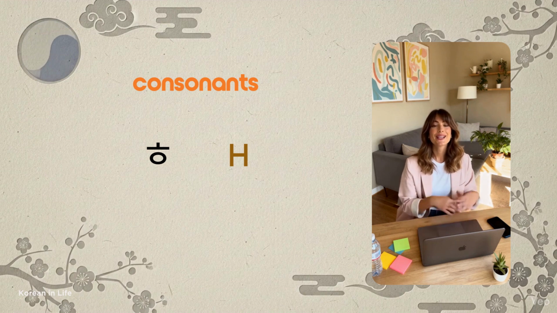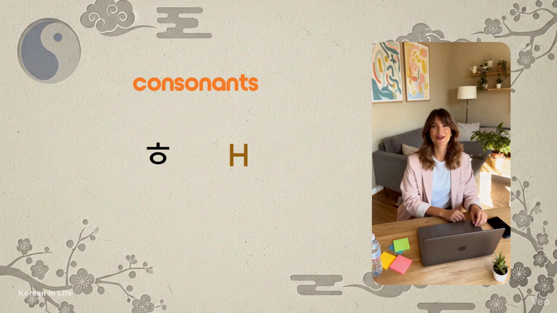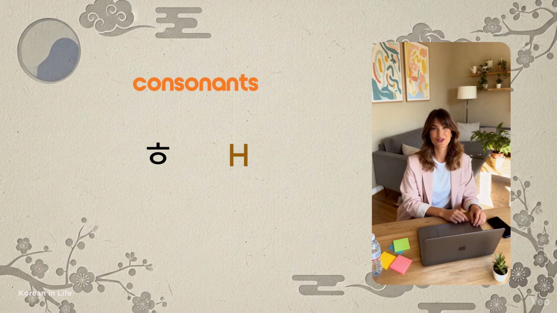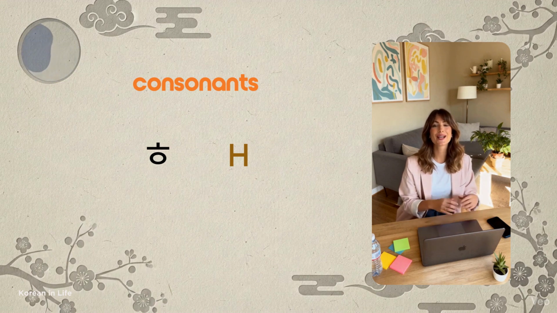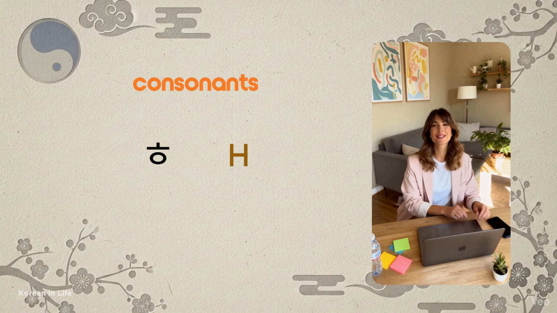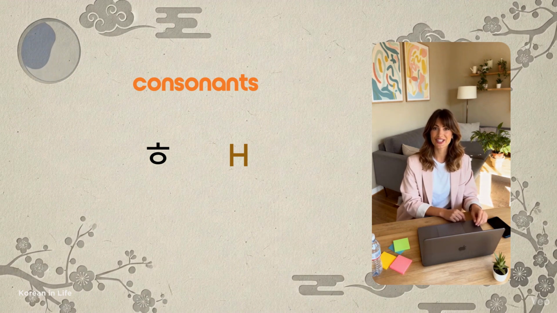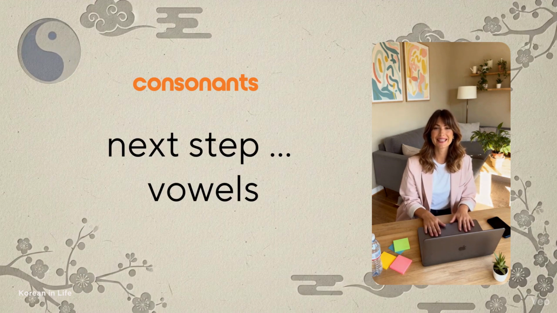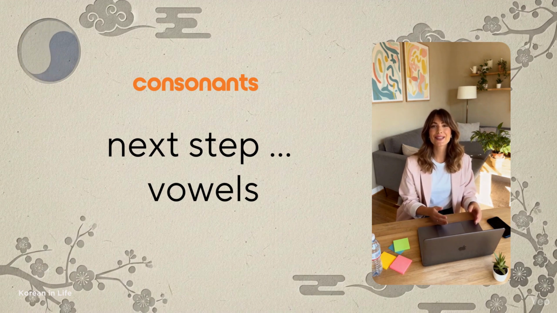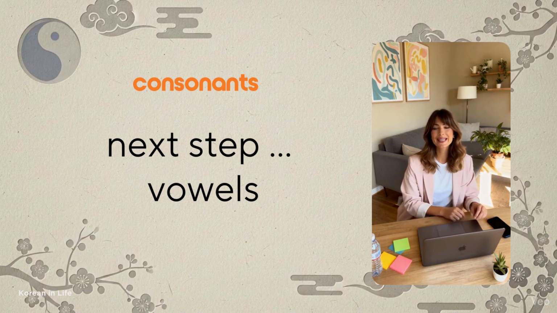When the n sound meets the o sound, it becomes no. When the s sound meets the e sound, it becomes se. Your next step is to learn these vowels. Once you know the consonants and the vowels, you will be able to read almost any word in Korean.